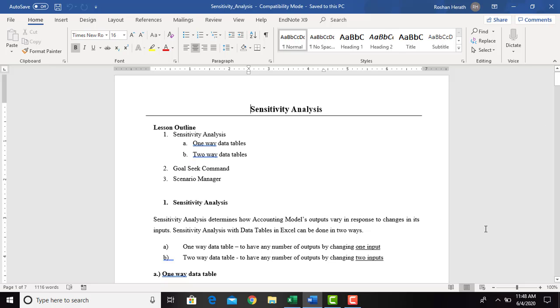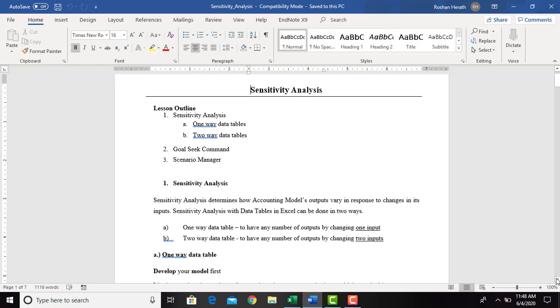Right. So when it comes to the sensitivity analysis, as I explained earlier, it determines how accounting models' output vary in response to changes in inputs. When there is a change in the inputs of an accounting model, how does it affect the output of that particular model?